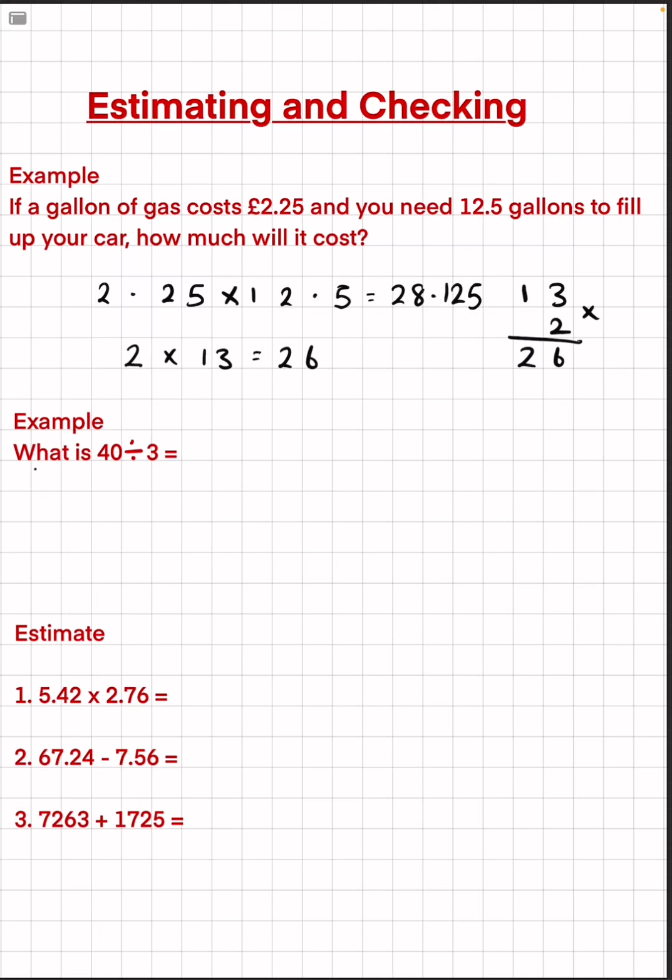In this next example, it says what is 40 divided by 3? To estimate the answer to this calculation, we need to pick two numbers the answer lies between. 39 and 42 are good numbers because they divide exactly by 3. 39 divided by 3 equals 13, and 42 divided by 3 equals 14.